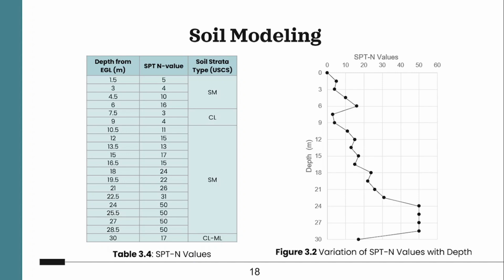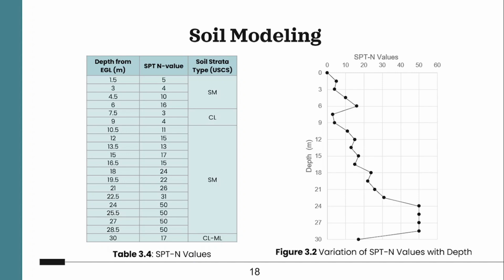This is the soil that we are considering for the soil structure interaction. So the piles are actually underneath the riverbed. As a result, there is a significant portion of unsupported height, and for that we need to actually check the performance. We need to model the soil structure interaction, and for that we need the soil values.